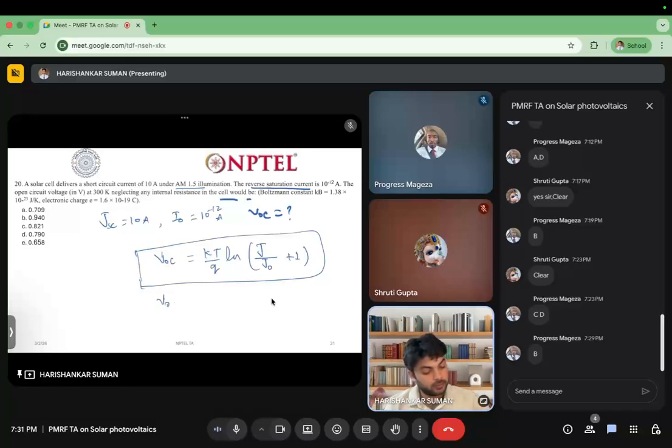Or let me make it simple, if current is higher, VOC is KT by Q ln J by J naught. This is simple. And KT by Q at room temperature 300 Kelvin is 0.026 volt.